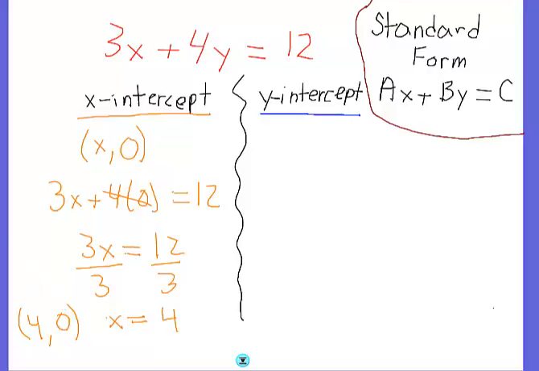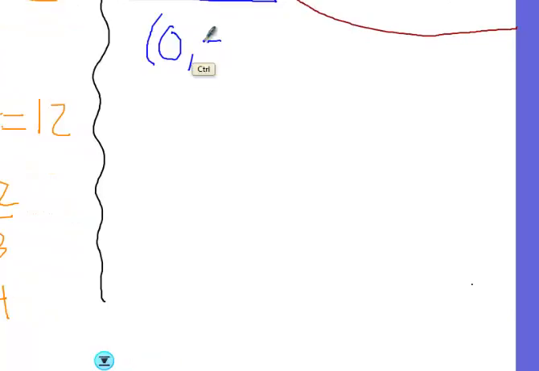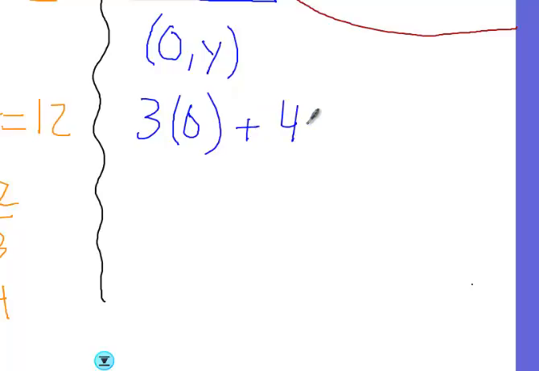All right. Now we're going to go over to our y. Again, every y-intercept has the same pattern: the x value is going to be 0 and your y value is just some value, whatever your y comes out to be. So just like when we do the x-intercept, the only difference is you substitute a 0 in for x, and then you're going to solve for y. So 3 times 0 is 0.